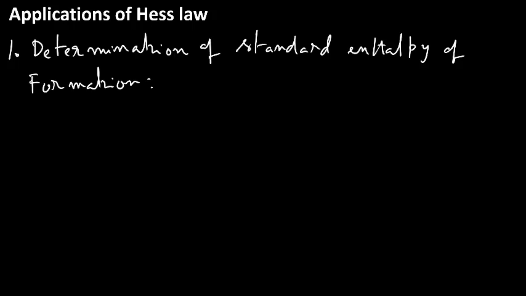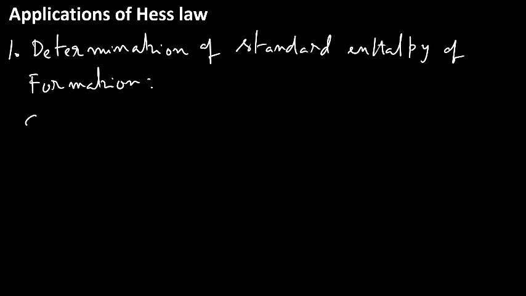Applications of Hess law. Hess law is applied in determining the standard enthalpy of formation, enthalpy of transition, standard enthalpy of reaction and others, wherever it is not possible to make such calculations directly. Therefore, the first application is determination of standard enthalpy of formation.